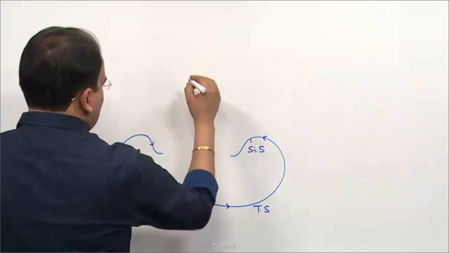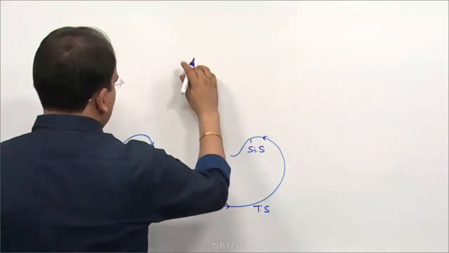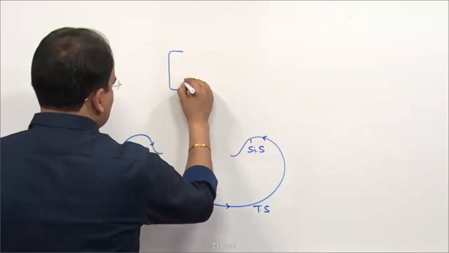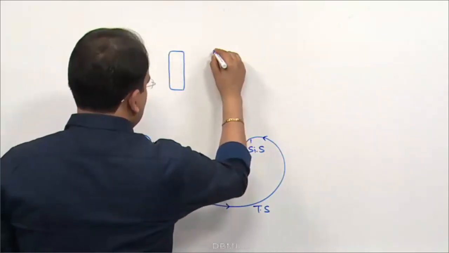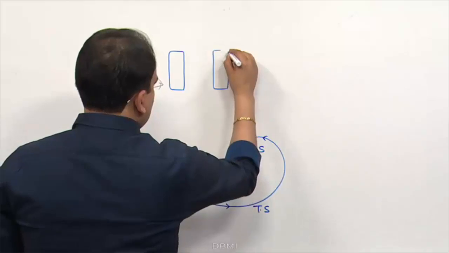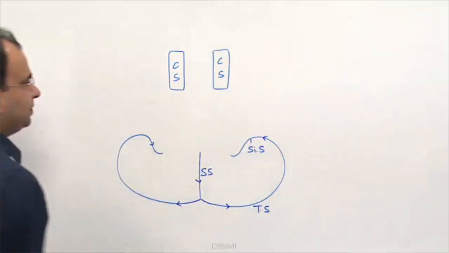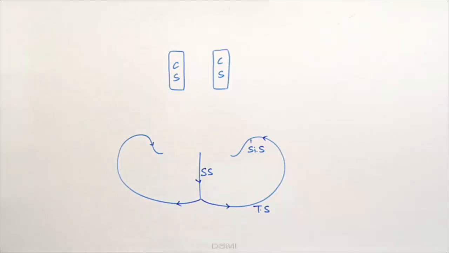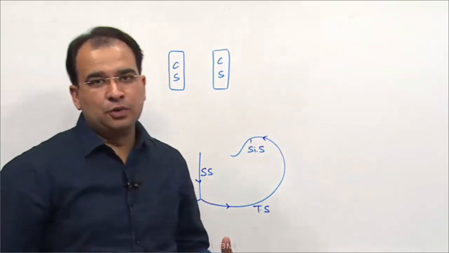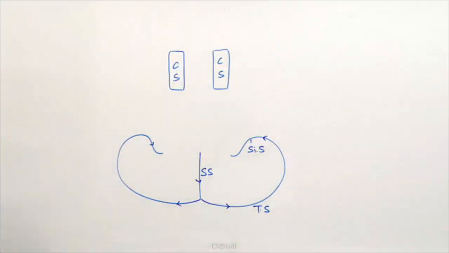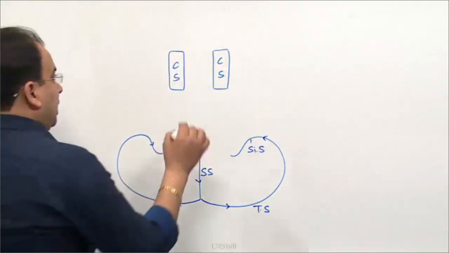If this is the cavernous sinus, somewhere here let's say there is a pituitary fossa, and on either side of the pituitary fossa, the sella turcica, we have the cavernous sinus. The largest dural venous sinus present in the middle cranial fossa, on either side of the sella turcica and body of the sphenoid.